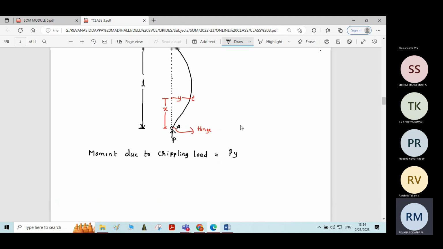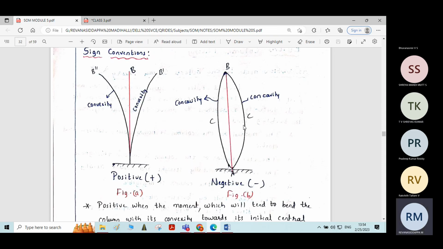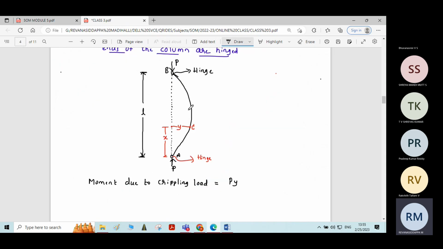What about the sign, plus or minus? You have taken moment about C, no? P into Y you got. Sign, plus or minus? Here you see the sign convention. If it is concavity, negative sign; convexity, positive sign. Now look into the diagram.